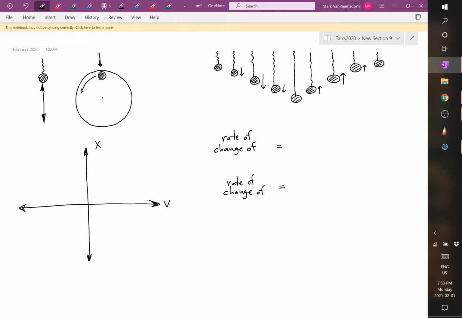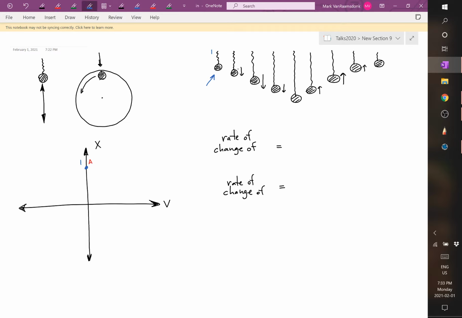And so we'll just look through these various situations. We'll start in the first picture, and there you have zero velocity. It's at the top, zero velocity, and we have the highest position. Okay, so I'm going to plot that at v equals 0 and position x, which is equal to the amplitude.